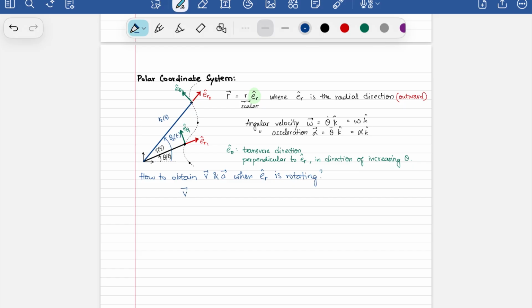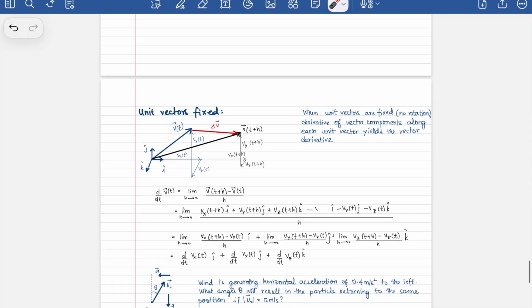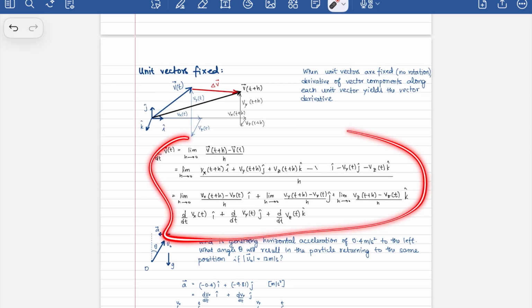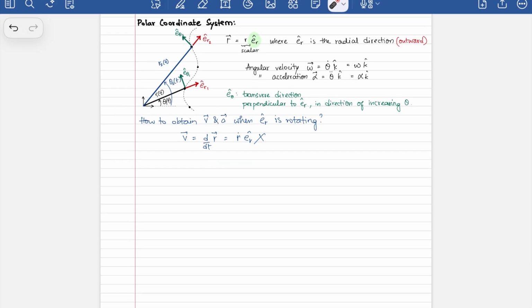We cannot do velocity is equal to d over dt of r vector is equal to r dot e_r hat. This is wrong because this would only work if e_r hat was fixed. But now e_r hat is rotating, and so you cannot simply do the differentiation of the magnitude, which is kind of what we saw in this process, is that you can just look at the differentiation of the component along each unit vector. We cannot do that anymore.